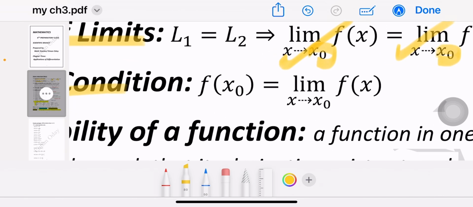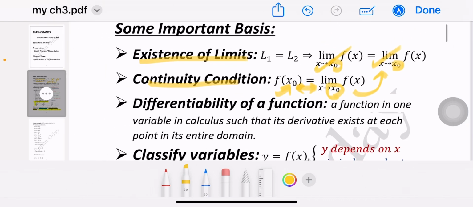If the limit exists at a point x naught and the value of the function at x naught is equal to the value of the limit, then those two parts tell me that my function is continuous.